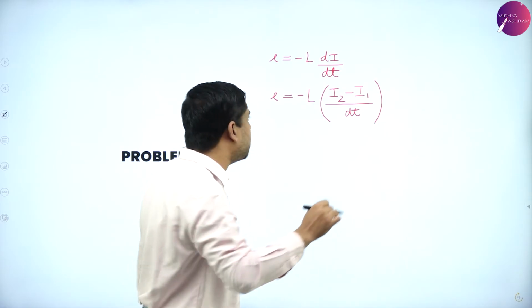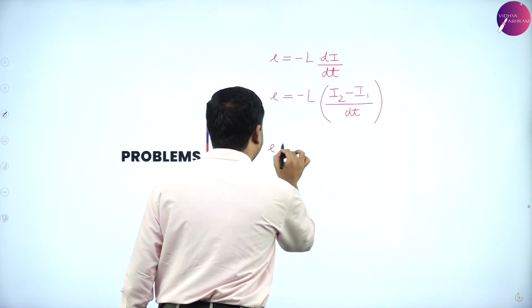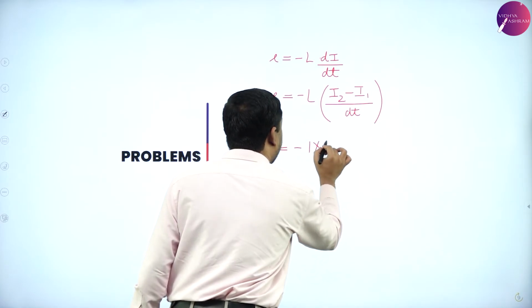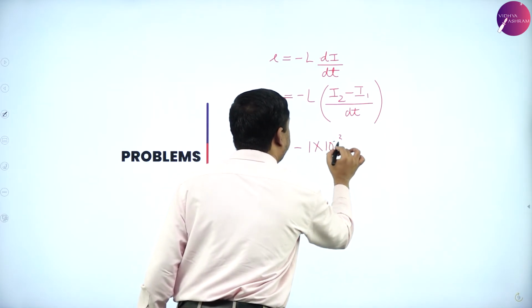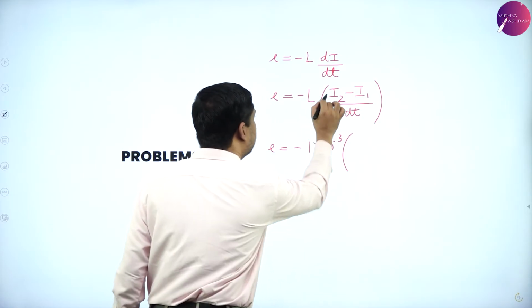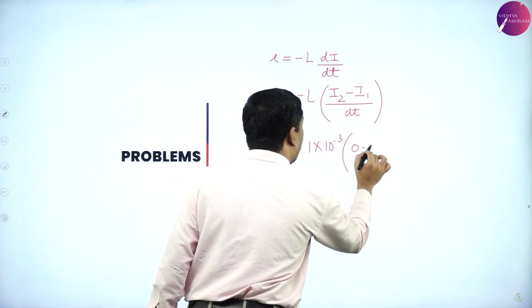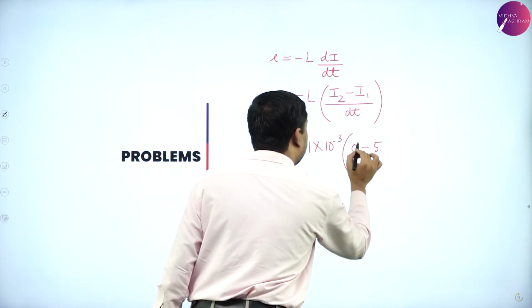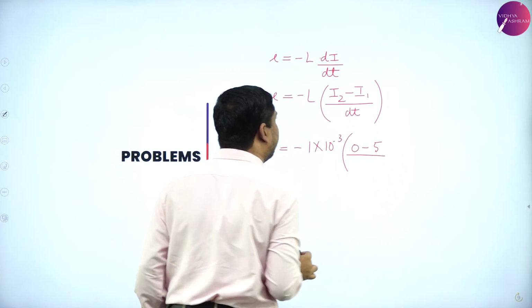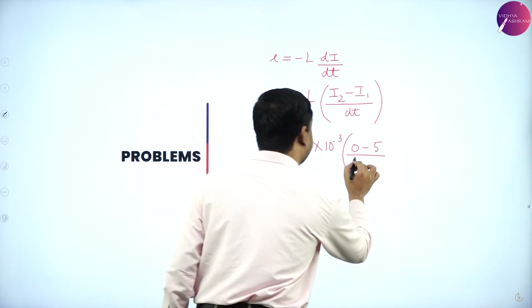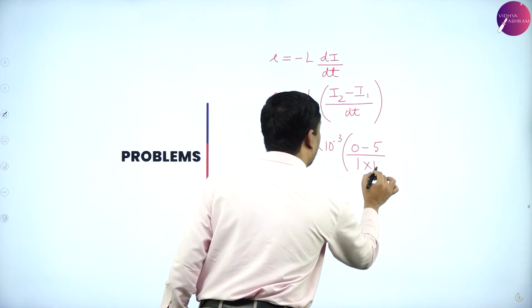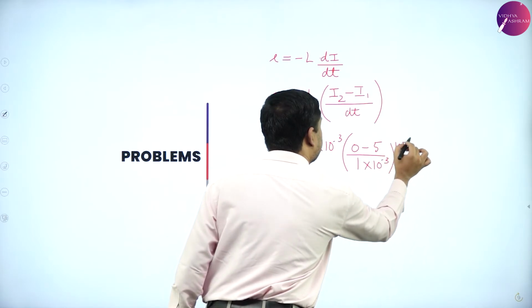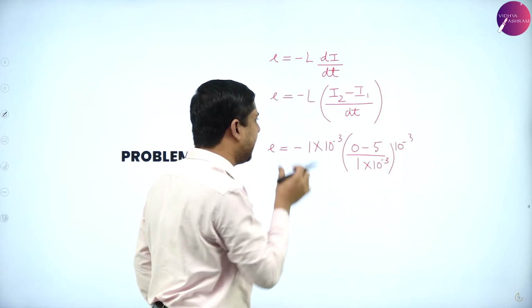Now on substitution, E is minus 1 into 10 power minus 3, into (0 minus 5) divided by dt, which is 1 millisecond, 1 into 10 power minus 3.